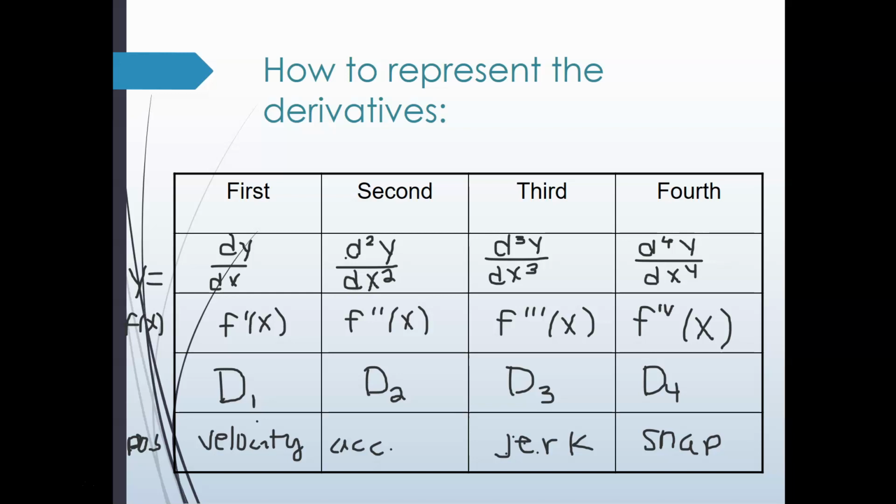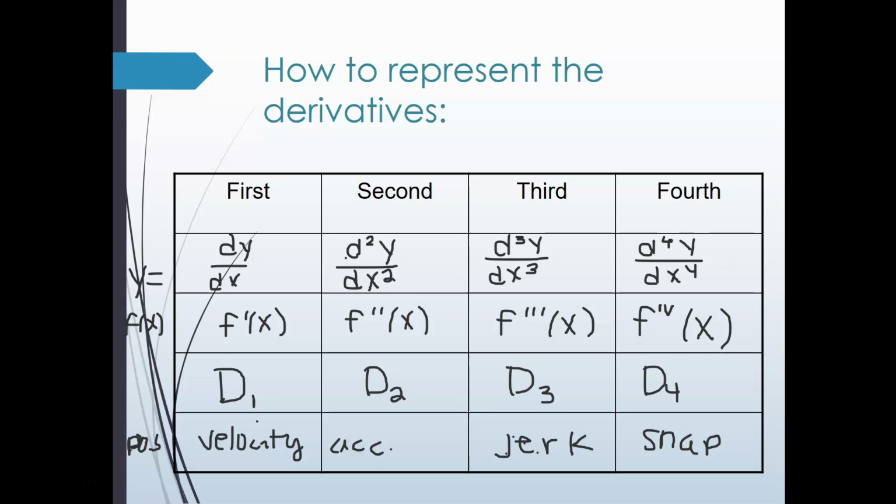So jerk, if you think about a car accident, it's the whiplash that occurs. It's position, velocity, acceleration, jerk, snap. I don't know what happens after snap.